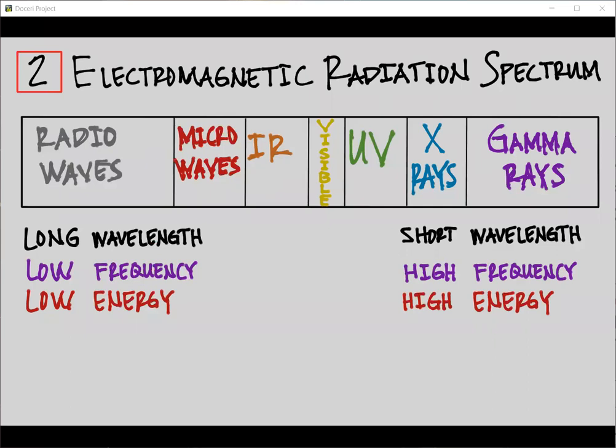But UV light coming from the sun, ultraviolet, can cause skin cancer if you stay too long under the sun. So that's all you really need to know regarding the electromagnetic radiation spectrum. You just have to be aware which side of the spectrum has higher energy, shorter wavelength, higher frequency.